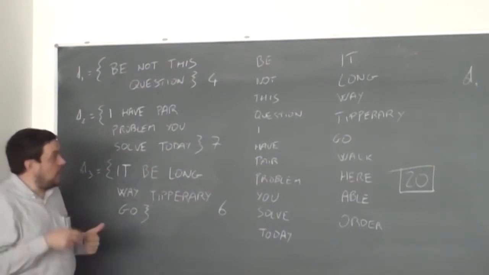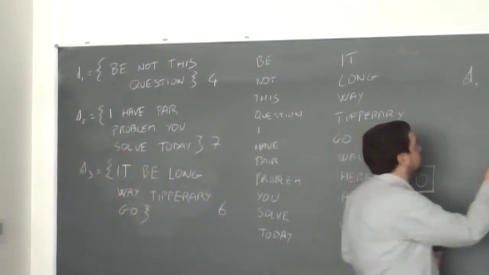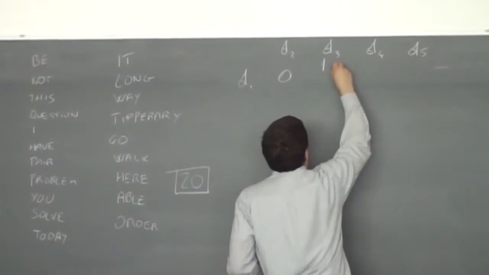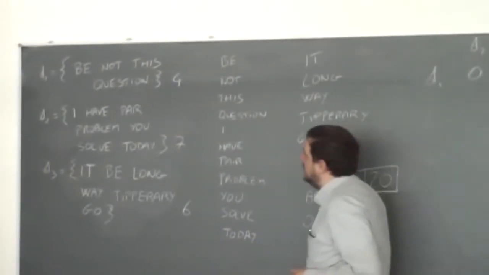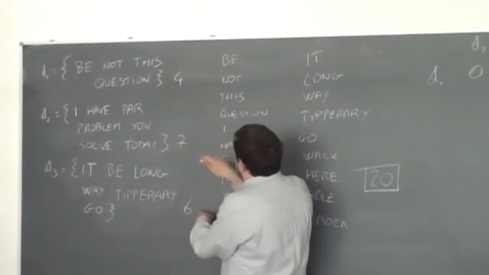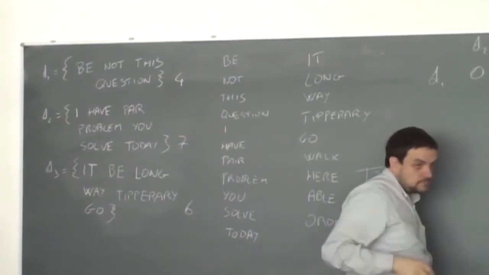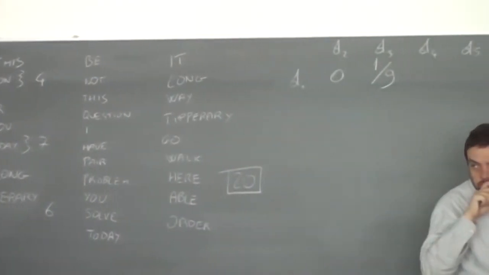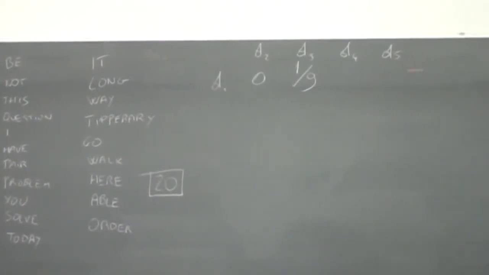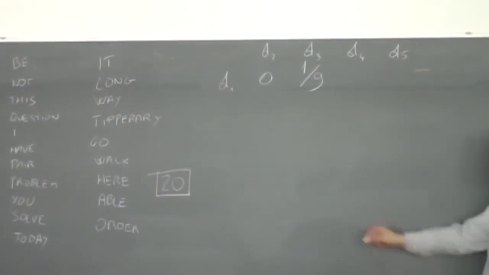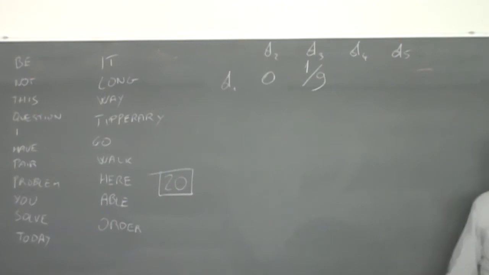So the intersection is 1, and the union is 6 plus 4, 10, minus 1, 9. We can keep it in fractional form. It's easier than writing decimals.